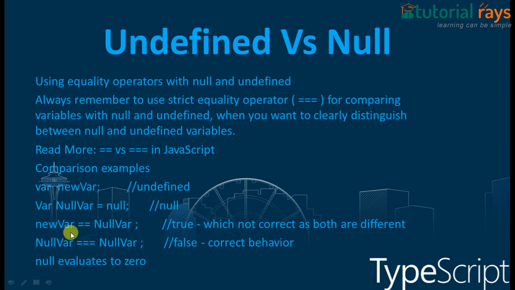Now, if we compare newVar double equals nullVar, then it will show true, which is not correct. If you know, double equals checks the value, not its data type. So if you use triple equals, that means it checks value as well as data type. Since the data type is different, that is why it is showing false.